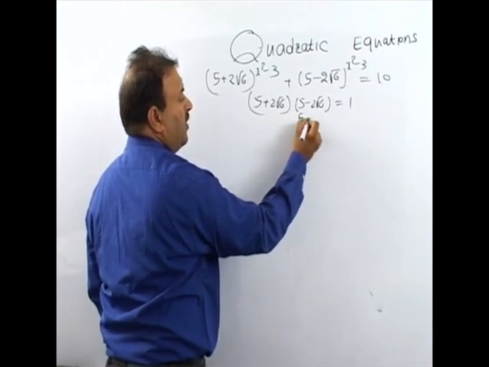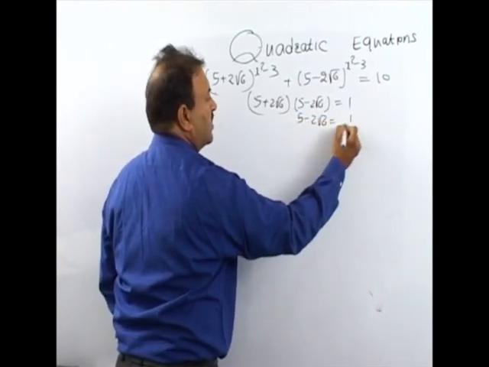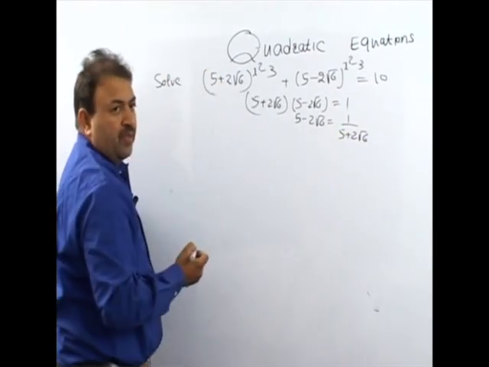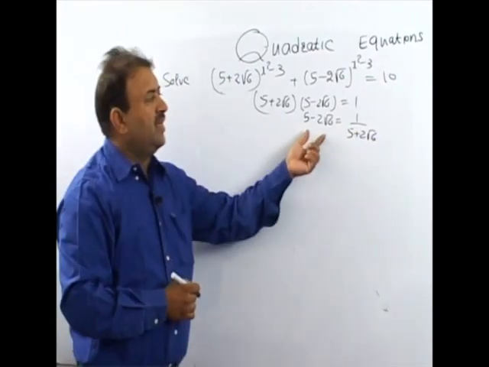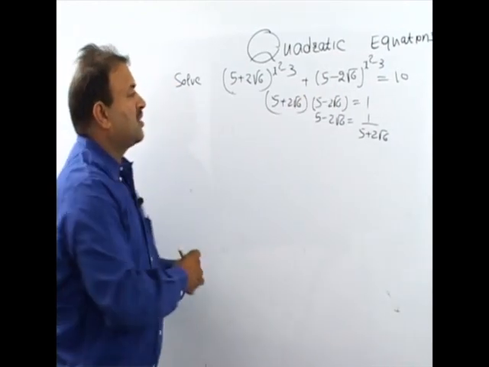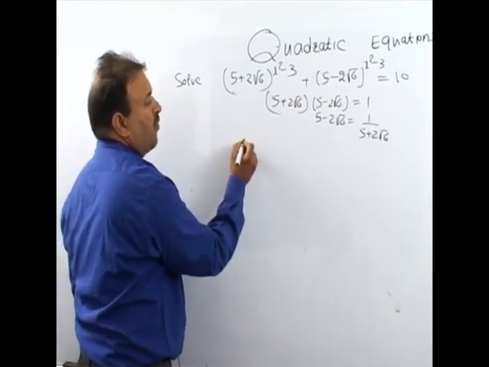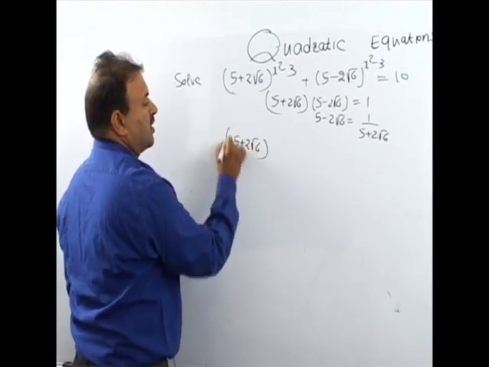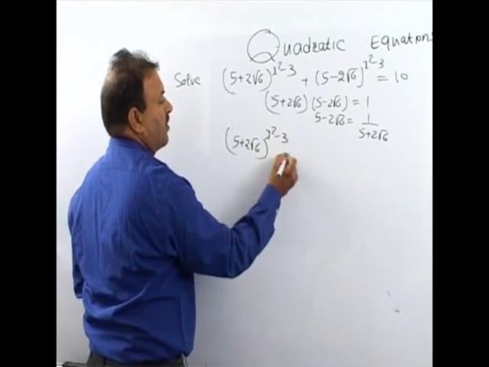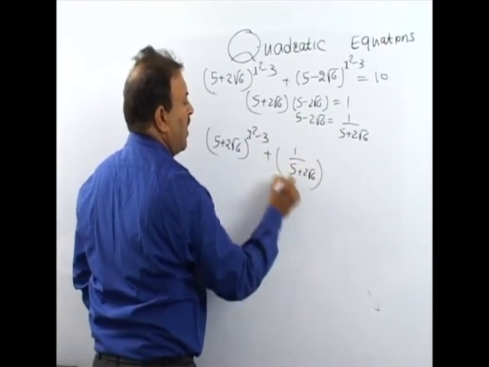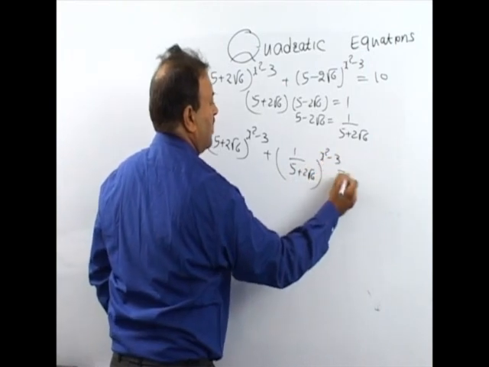So 5 minus 2 root 6 is equal to 1 upon 5 plus 2 root 6. Now, in this given problem, we will substitute 1 upon 5 plus 2 root 6 in place of 5 minus 2 root 6. So 5 plus 2 root 6 the whole power x square minus 3, plus 1 upon 5 plus 2 root 6 the whole power x square minus 3, is equal to 10.